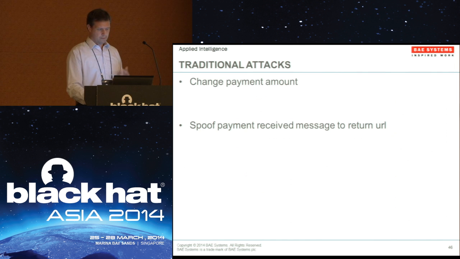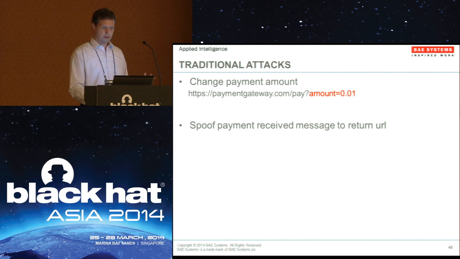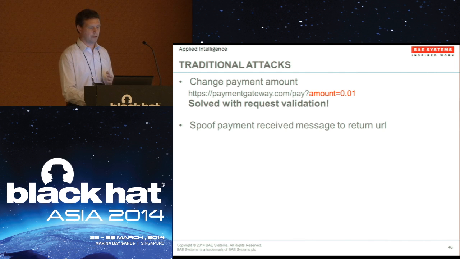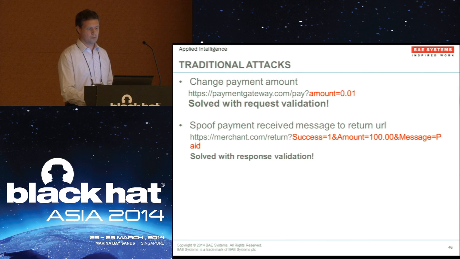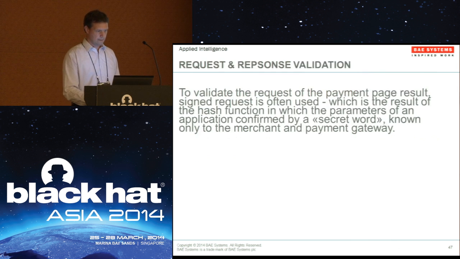So, traditional attacks: change the payment amount, just in the URL, change it to a cent. And they solve this with something that they call request validation. Or you spoof the payment received, and they solve this with response validation. Now, you might ask, what are request and response validation?